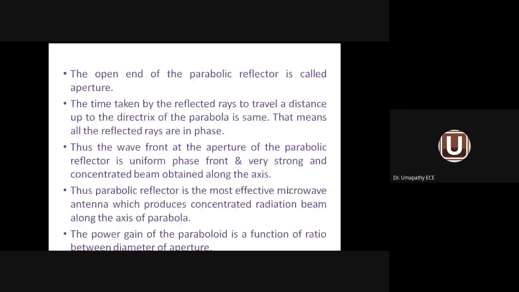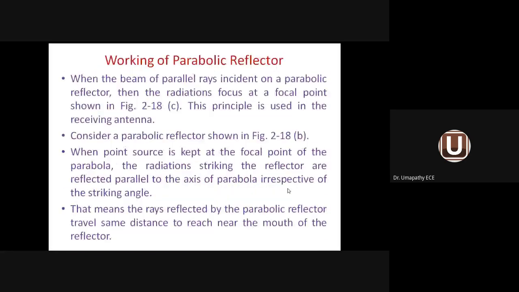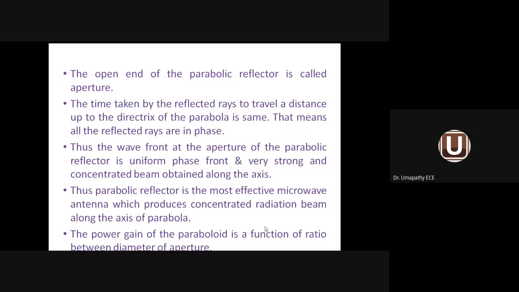Working of a parabolic antenna: we have already seen the beam rays. When a point source is kept at the focal point, the radiation striking the reflector will be reflected parallel to the axis. They travel some distance to reach the mouth of the reflector. After the mouth of the reflector, you will have a uniform plane wavefront ready for transmission into free space.